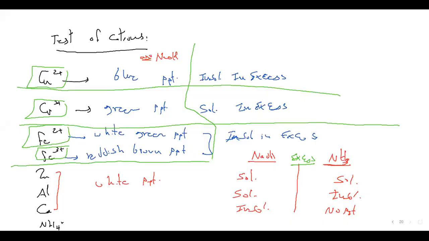Also, in chemical tests, we have the test of water. We have physical and chemical tests of water. Physical test of water: melting and boiling point, 0 and 100. While in case of chemical test of water, anhydrous copper sulfate and anhydrous copper chloride.